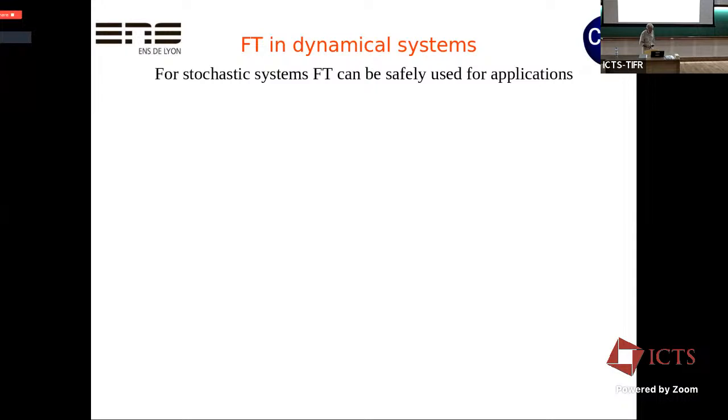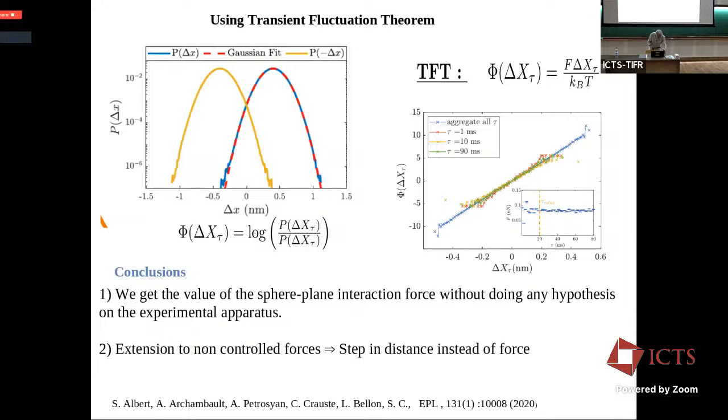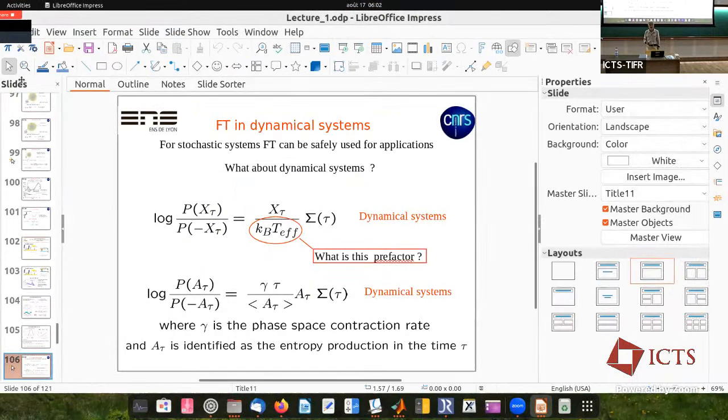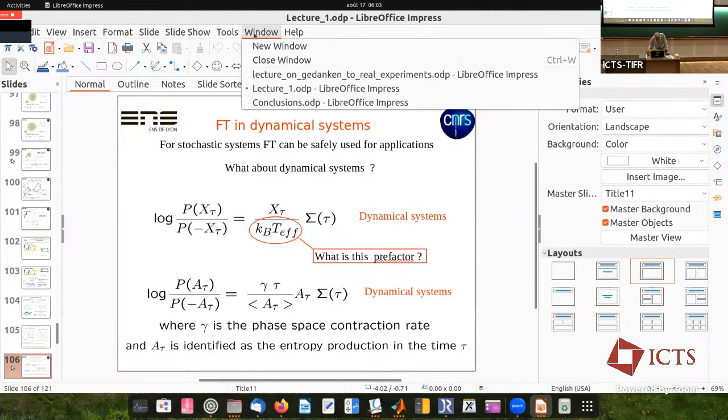So let me stop about this problem of the fluctuation theorem, and I want instead to discuss another aspect of stochastic thermodynamics that is very important, and is nowadays a very well studied problem: the connection of stochastic thermodynamics and information theory.